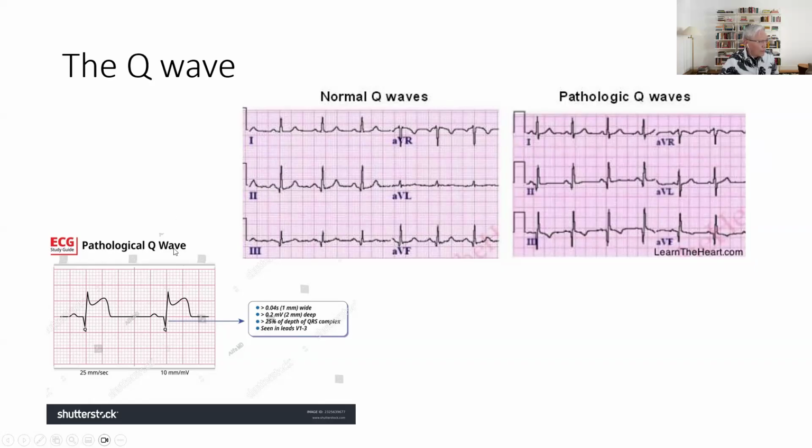There are many definitions of an abnormal Q wave. I don't want you to memorize them, but in NCLEX, previous exam questions only asked what would be the manifestation of an old MI, and the answer would be a pathologic Q wave.